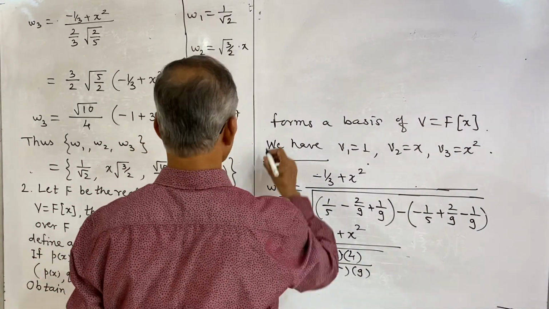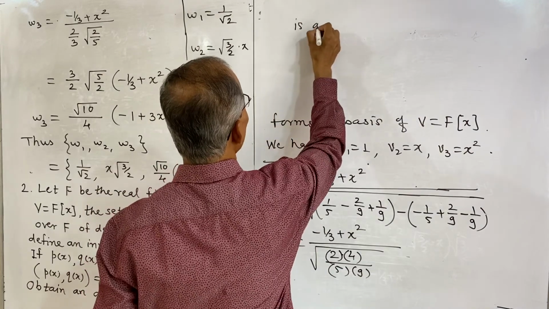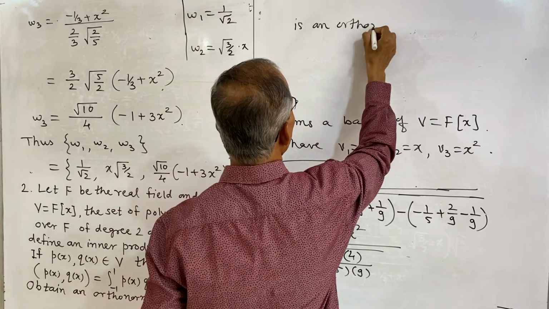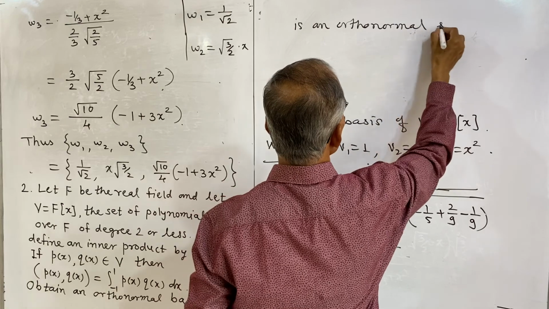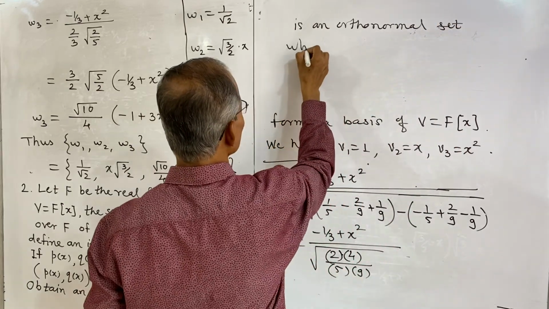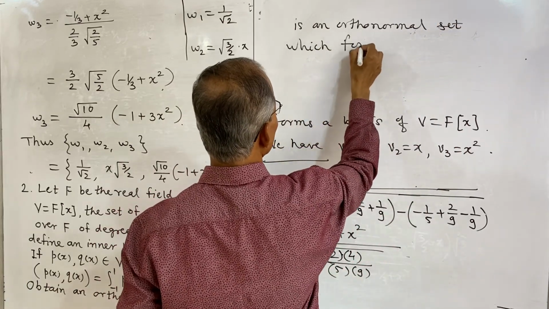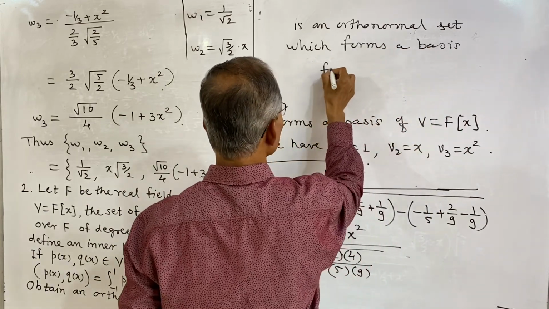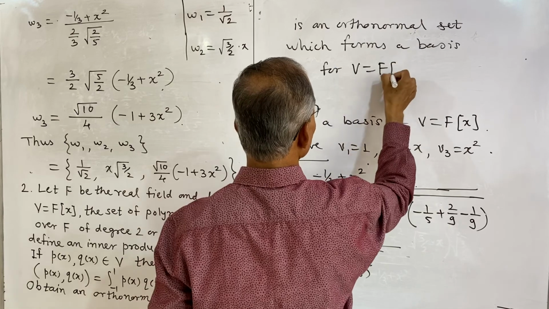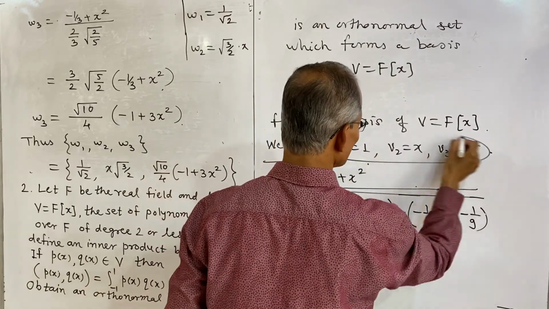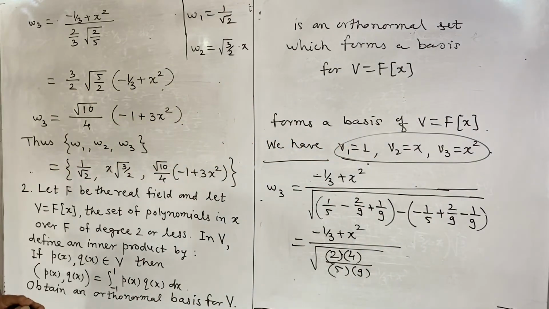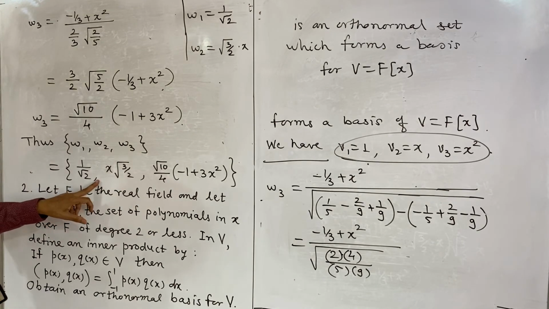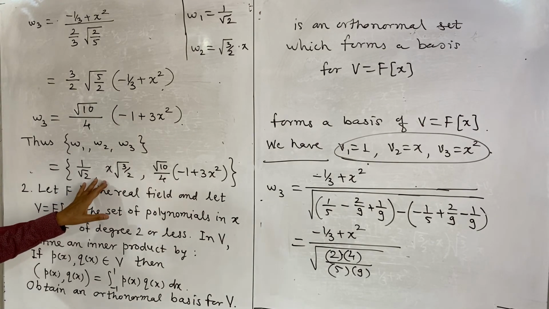So it is an orthonormal set which forms a basis for V. Thus we have converted this basis 1, x, x² to this basis, and this set is an orthonormal set.